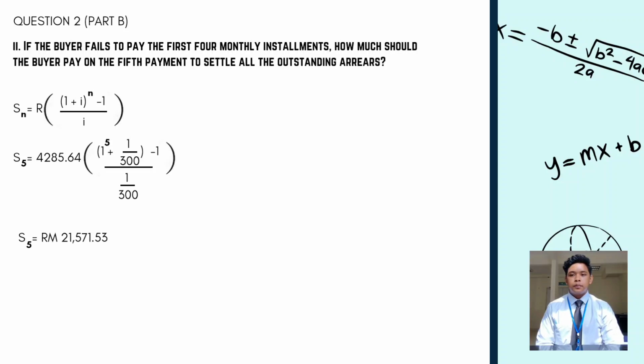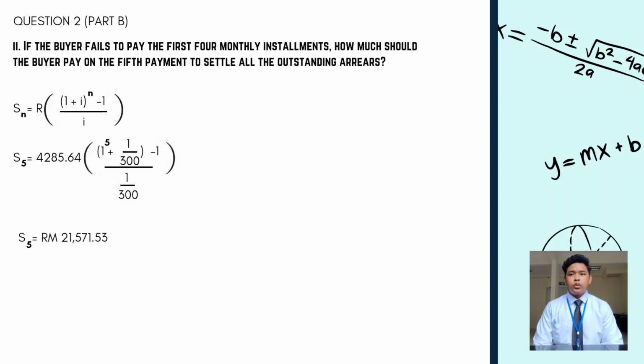For question 2, if the buyer fails to pay the first 4 monthly installments, how much should the buyer pay on the 5th payment to settle all the outstanding arrears? For question 2, we will use the formula S_n equals R in bracket 1 plus i to the power of n minus 1 over i. In this question we need to find S5.